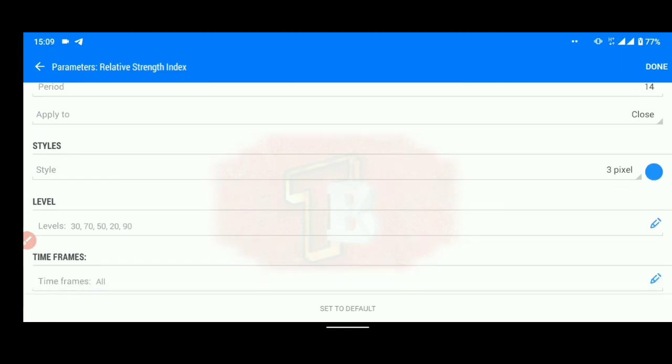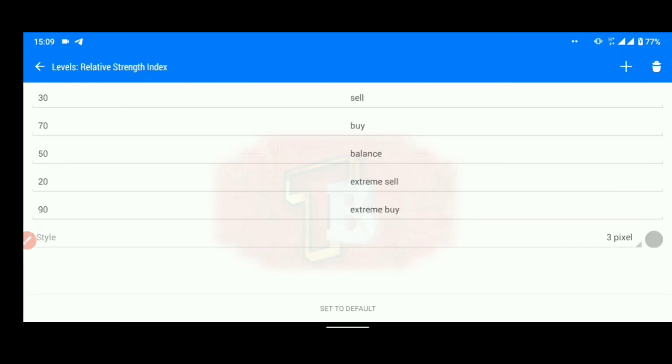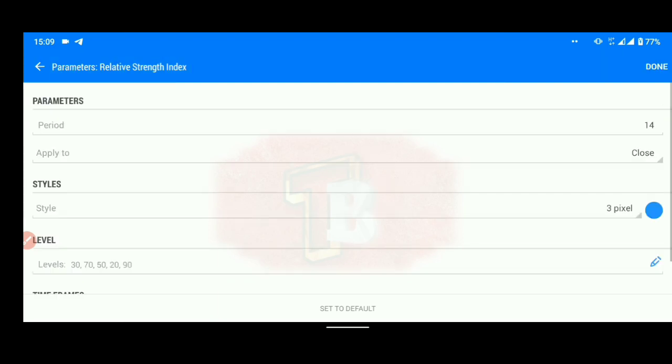Style is 3 pixel. You can use any pixel. All right, the levels we have are level 30, 70, 50, 20, and 90 level. Just set it up like this. Then you click done.